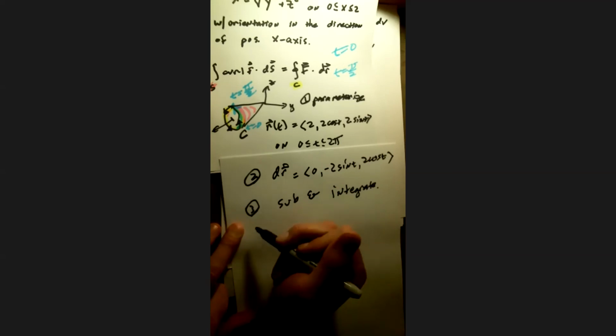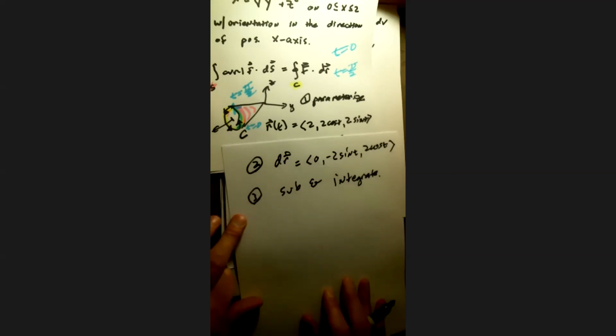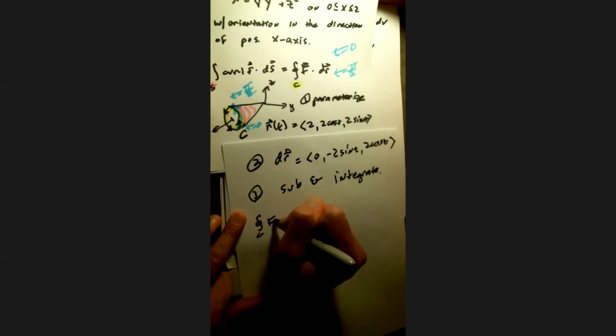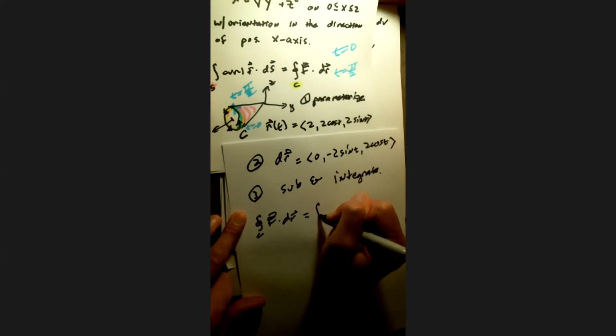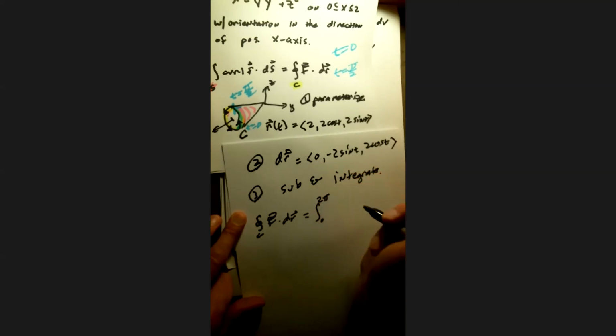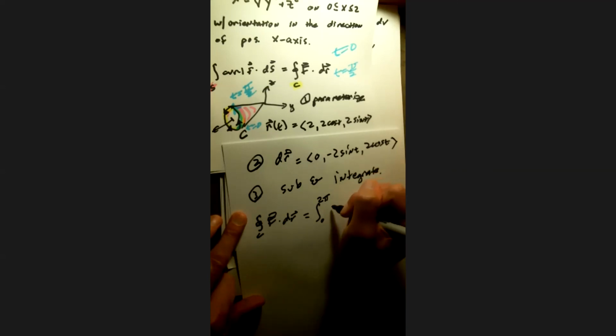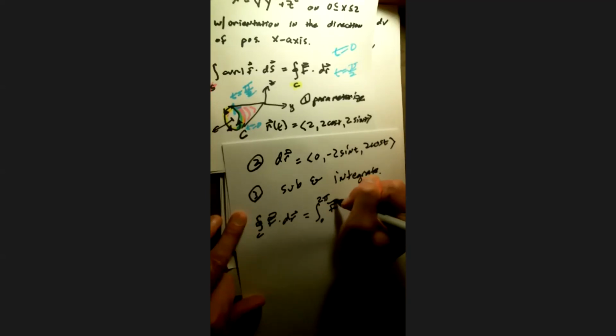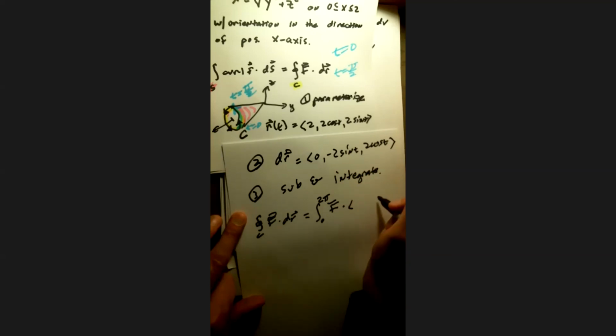So our integral, that is the circulation of f dot dr, will be the line integral, or the definite integral, from 0 to 2 pi of f, let me write it this way, f dotted with, what's the thing that's going to come over here for our dr?